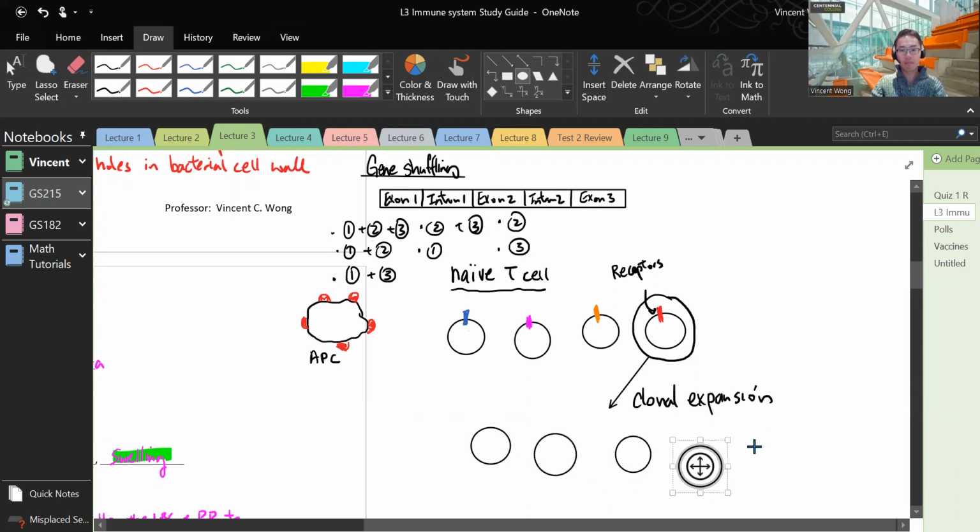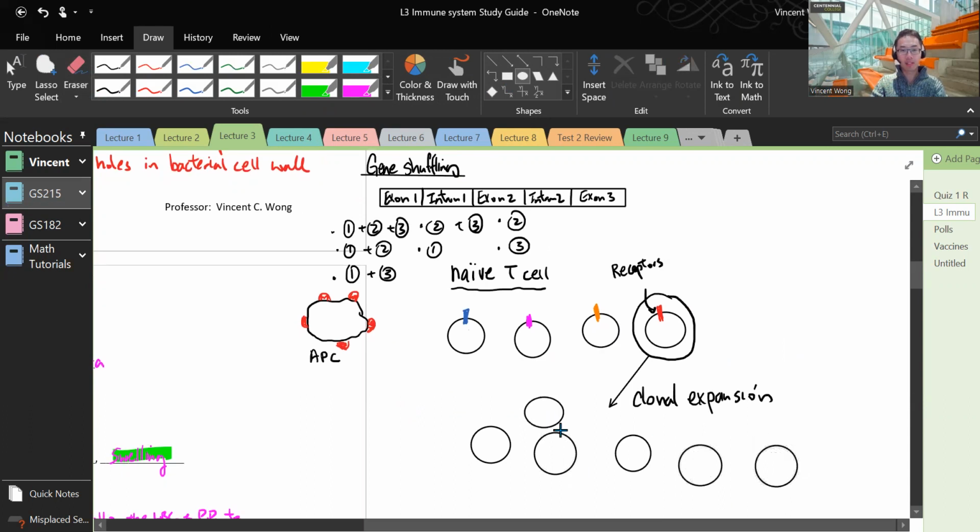All of them are going to have the same receptor, right? Why does it do that? Well, because we found the T cell that has the capability of recognizing the invading pathogen. We don't want to make the ones that have the orange receptor. That's not going to help with the infection. We need the one with the right receptor.